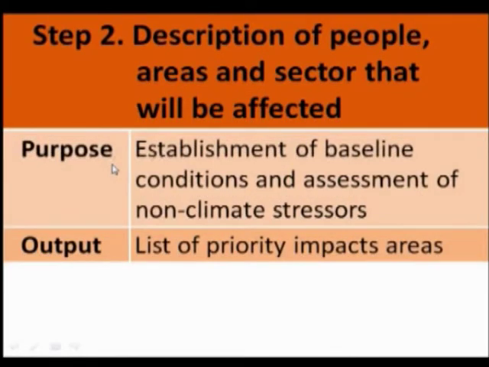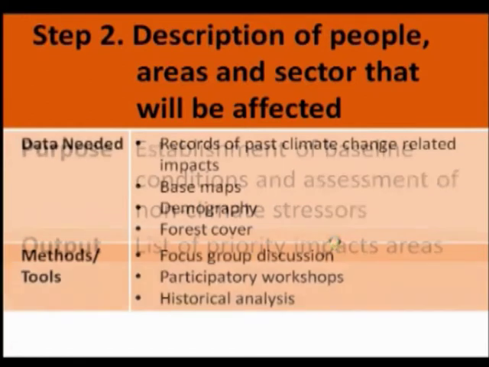The importance of this is to be able to segregate the impacts due to climate change and the impacts due to some other factors, so that in the design of adaptation measures, we can be very specific and very directed in proposing measures that will truly address the impacts of climate change, and not try to address something that is not due to climate change. The output here is a list of priority impact areas.